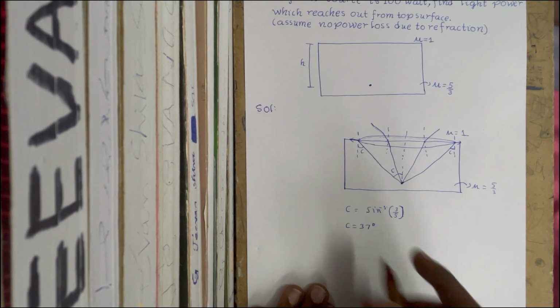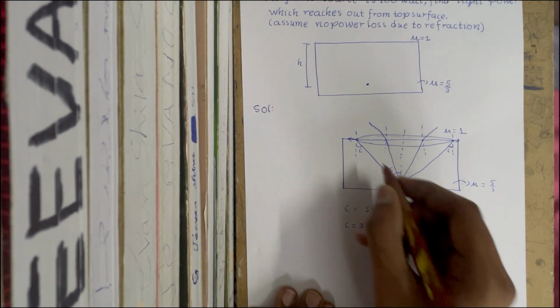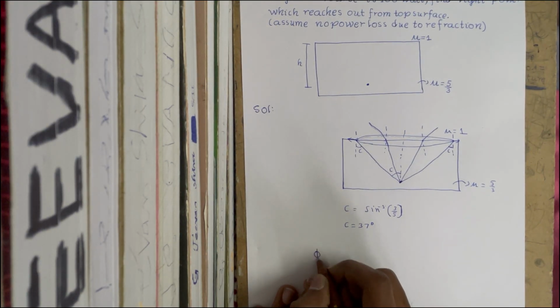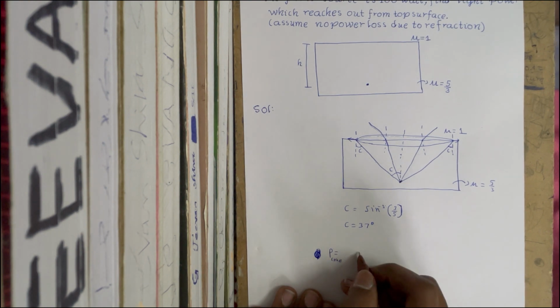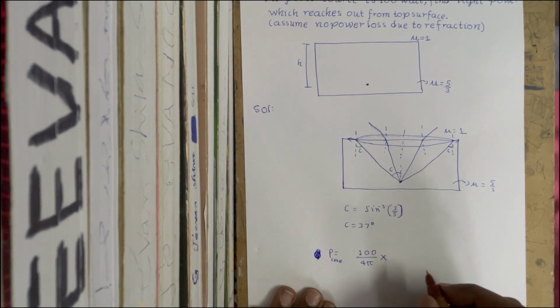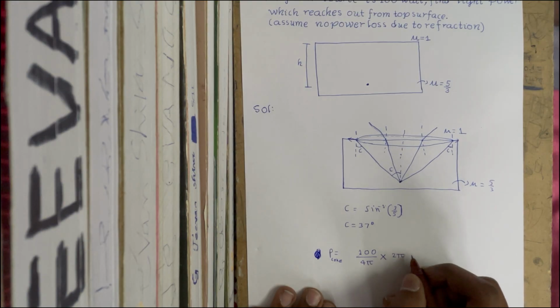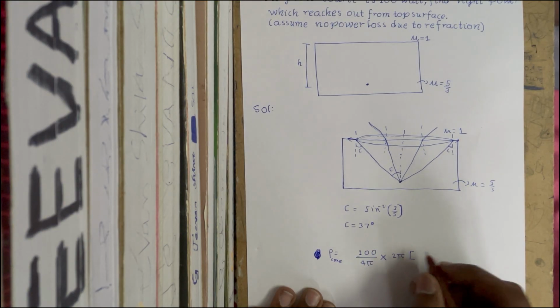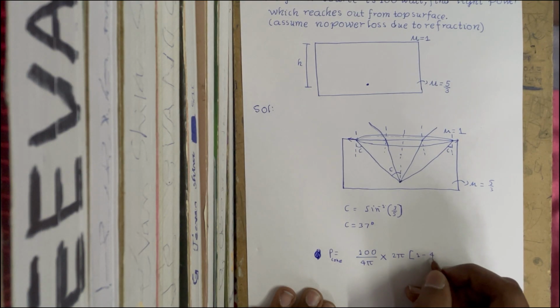We can use that. So power of the cone equals 100 divided by 4 pi times 2 pi of 1 minus cos 37 degrees, which was 4 by 5.